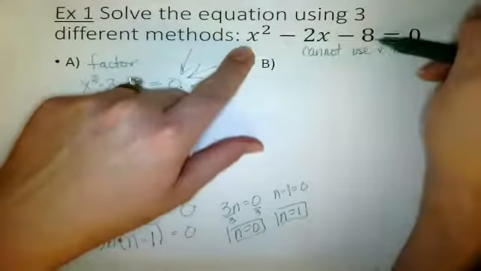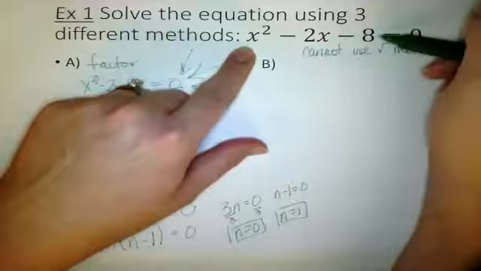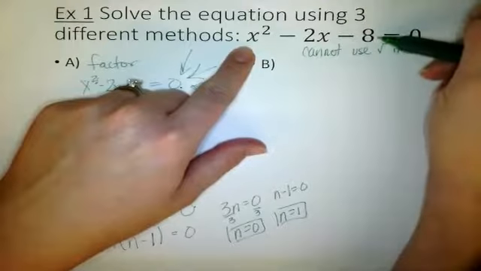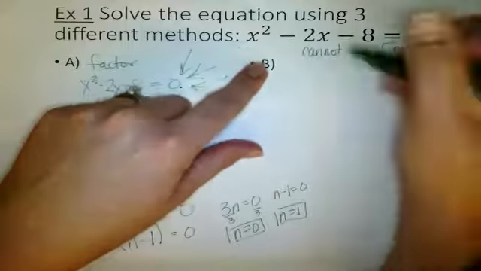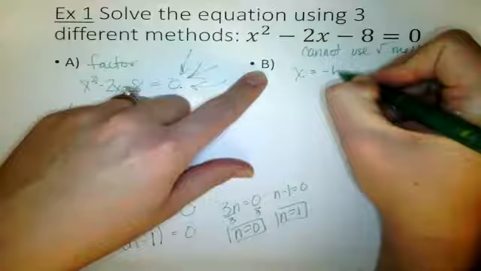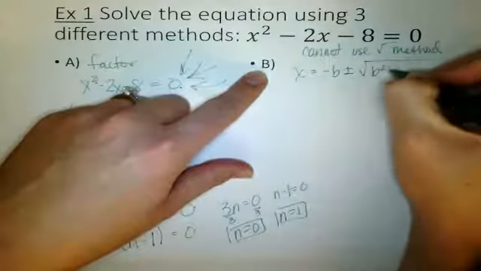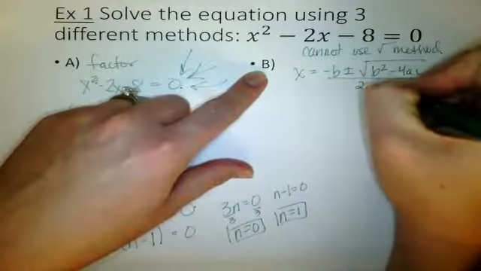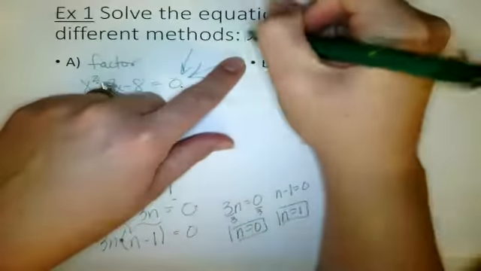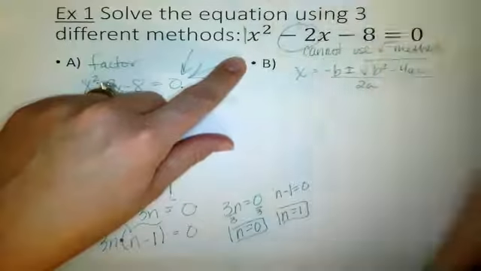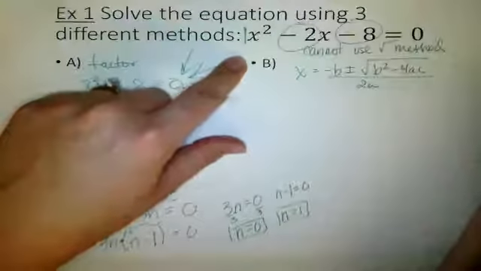Now we have another method that we could use. Which one do you want to do next? Quadratic formula. Okay. x equals the opposite of b plus or minus the square root of b squared minus 4ac, all over 2a. All right. The a is 1, the b is negative 2, and the c is negative 8.